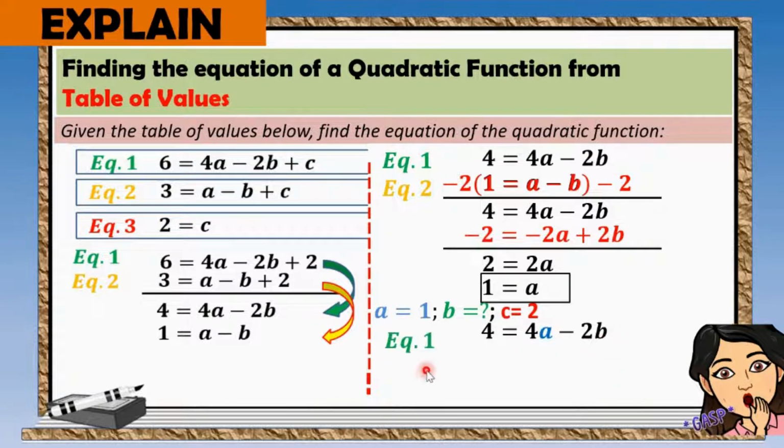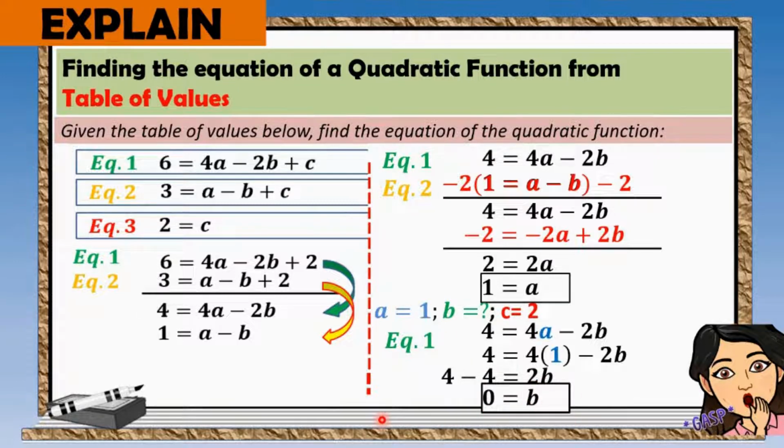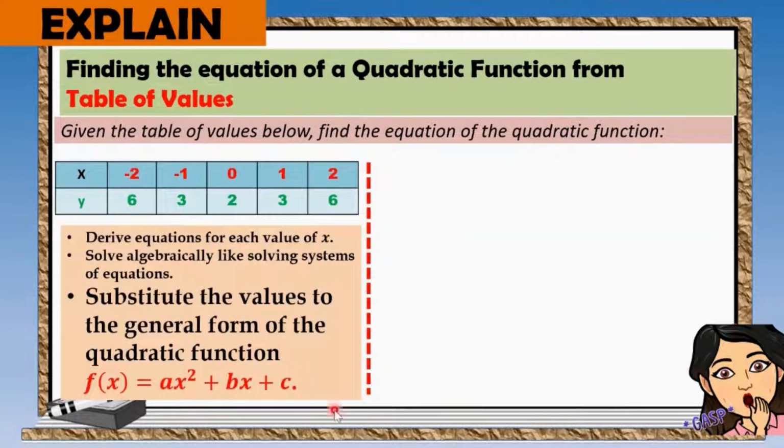Eto na lang siya: 4 equals 4a minus 2b. Then, substitute a equals 1. We have 4 equals 4 times 1 minus 2b. So, simplify. This will be 4 minus 4 equals 2b. Then, 0 equals b. So, we have b is equal to 0.